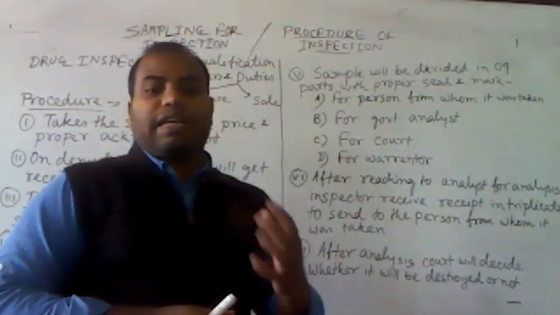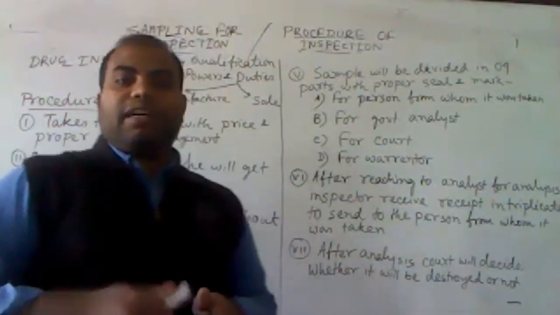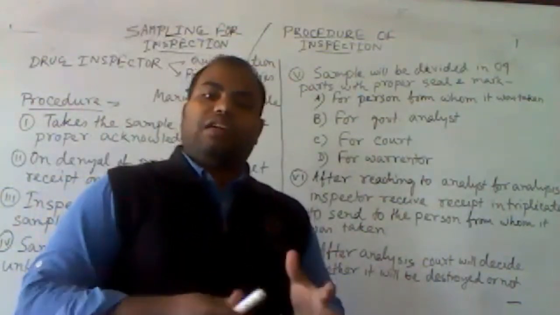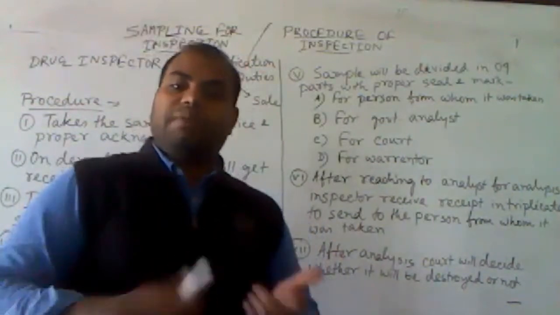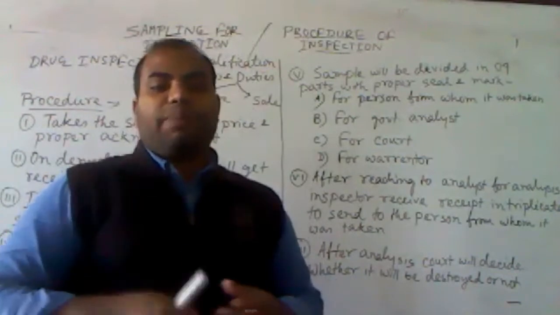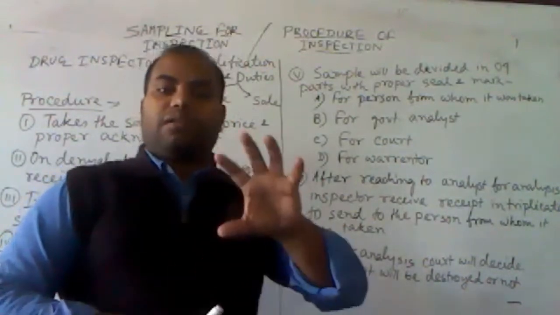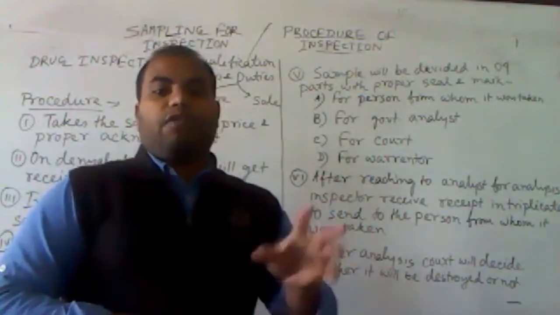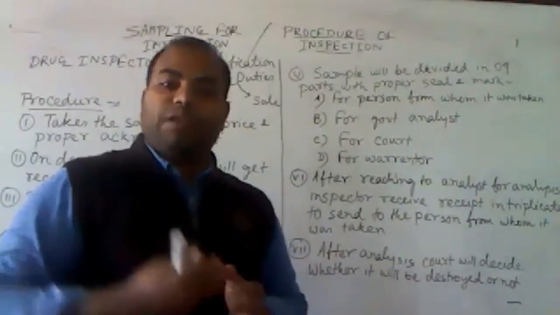Generally, it is taken in a metallic container, but if the drug or cosmetic is degradable in a metallic container, then the inspector uses another kind of container, maybe plastic or glass. It will be properly sealed, and after sealing it will be marked as the sample for inspection, and after marking, the 4 portions will be sent to 4 different persons.